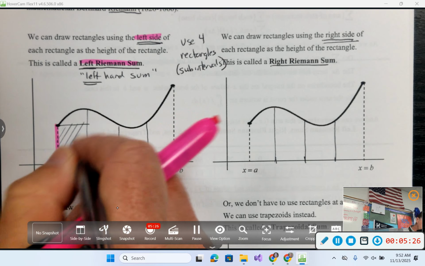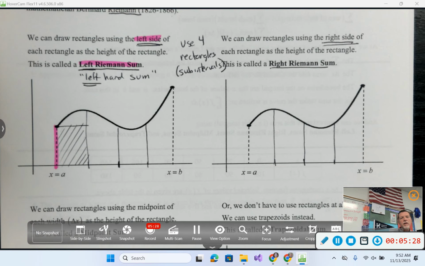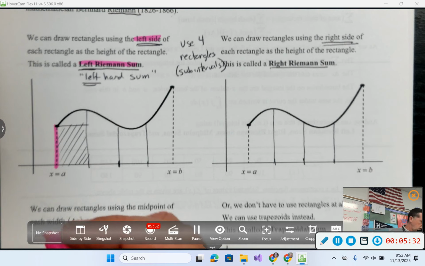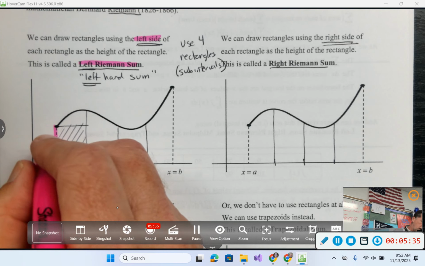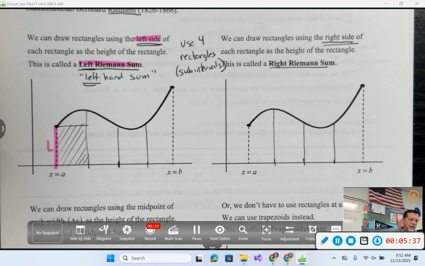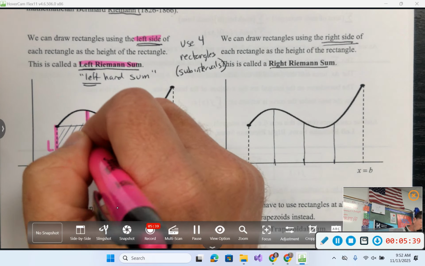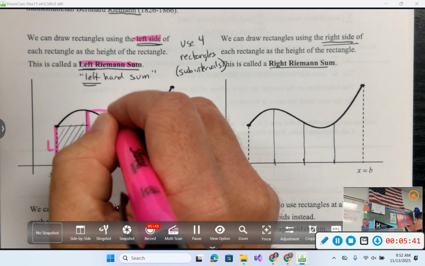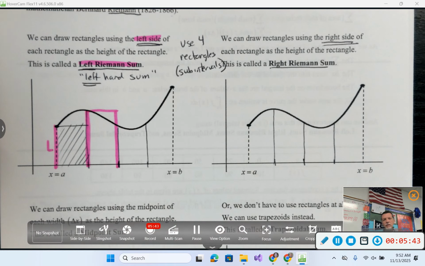So there's one of my rectangles, because I use the left-hand height. The left-hand side of that. My next rectangle would be right there.